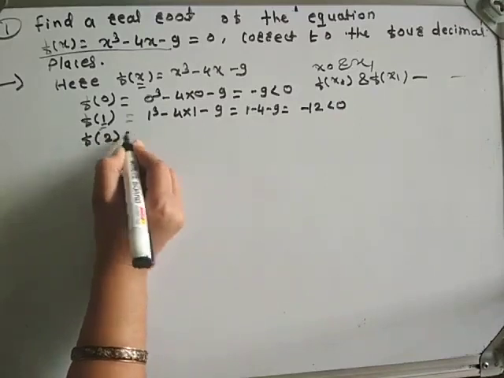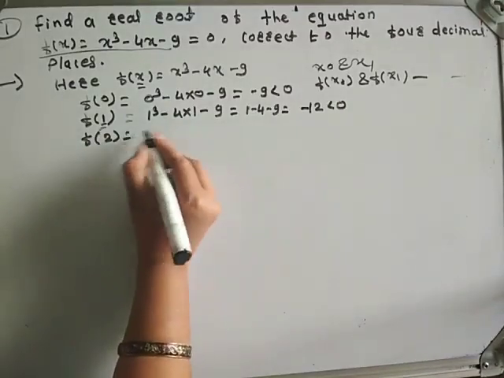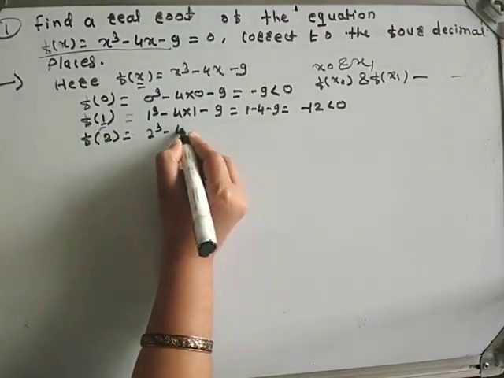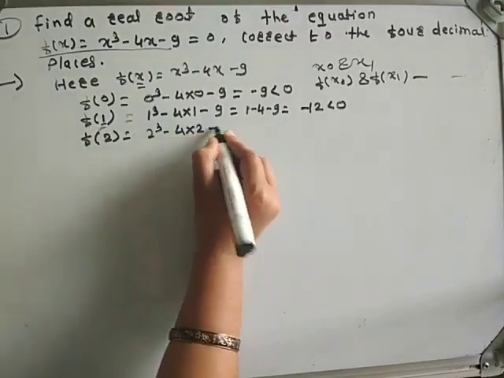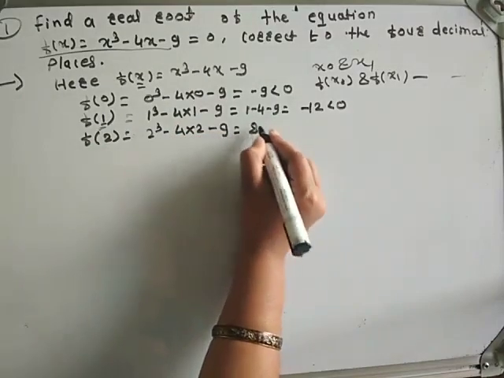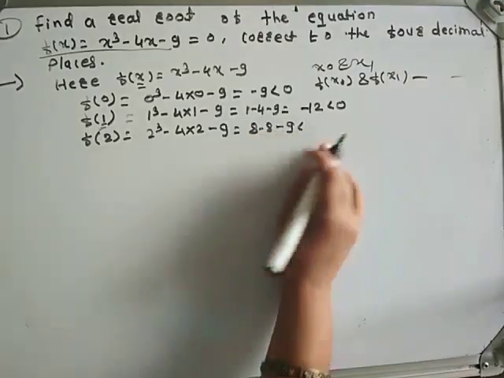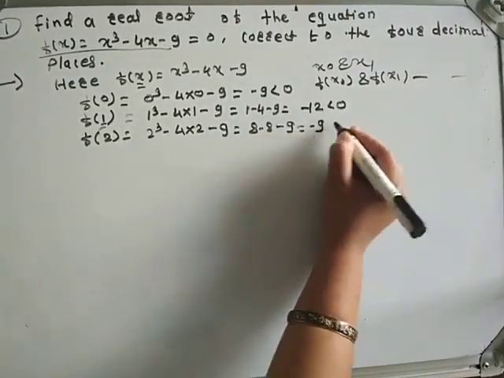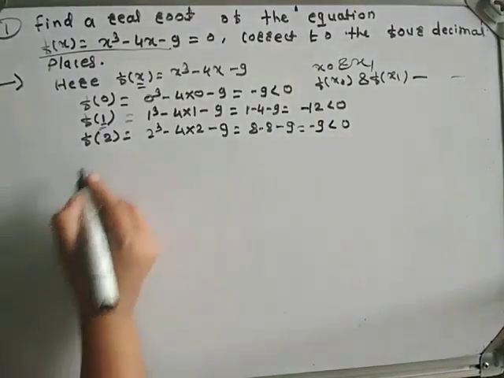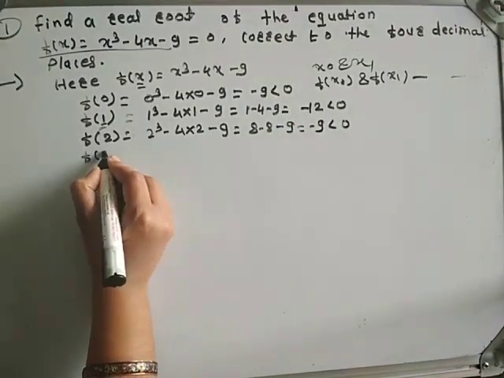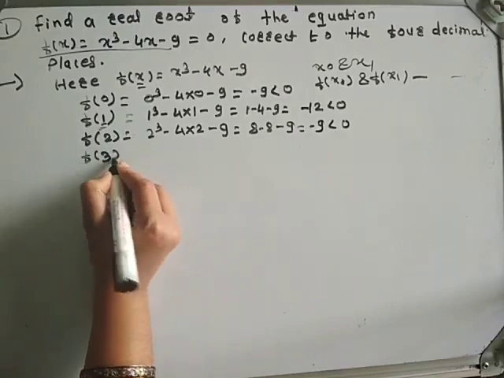Let us take x equals 2. We get 2 cube minus 4 into 2 minus 9, which equals 8 minus 8 minus 9, which equals minus 9, strictly less than 0. Next, take x equals 3.